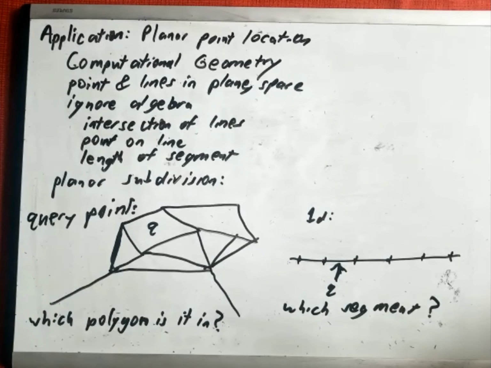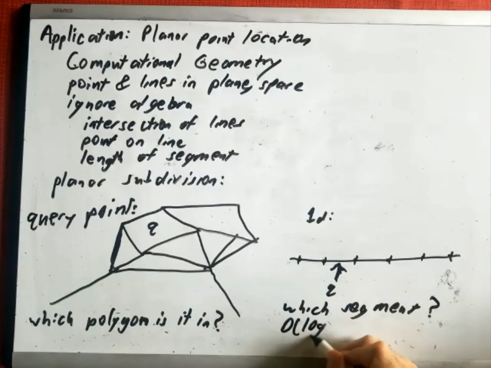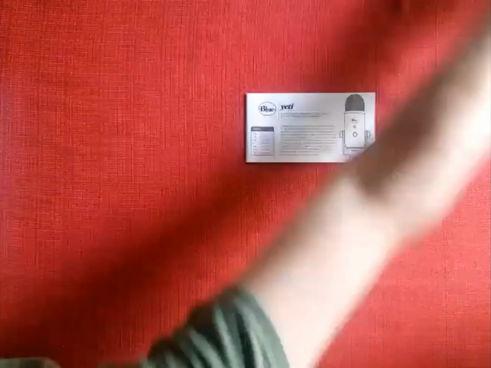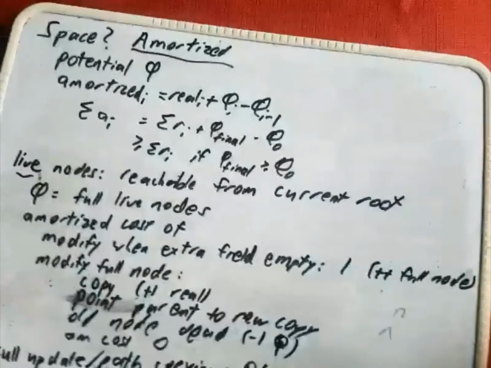So how would we answer that question? Binary search. Yeah, binary search. The data structure for this problem would just be a sorted list of the endpoints, and I could use binary search to answer the which-segment question in O(log n) time. So is everybody clear on the problem statement?